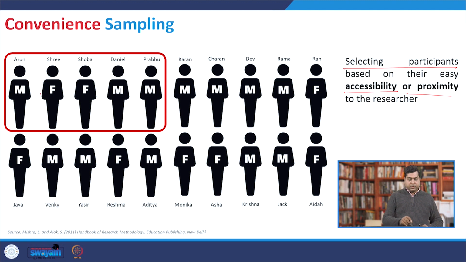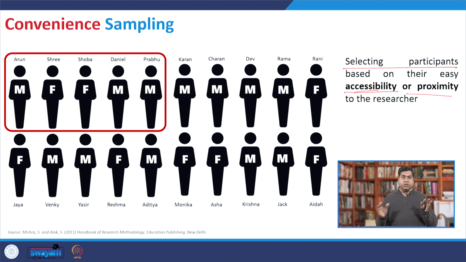So in this case, Arun, Sri, Shobha, Daniel and Prabhu are probably known to me, and I know that I can do the pilot testing with them. So this is based on convenience, on their accessibility and proximity, and I can use it to test my initial survey.